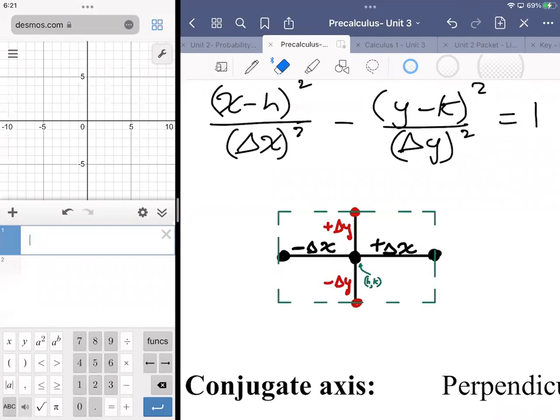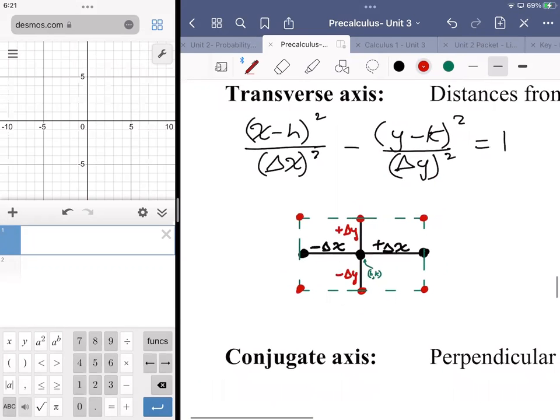Now the four corners of this figure become relevant in the sense that if you connect an extended line through those 3 points, the 3 points that make up each corner and the center of the rectangle, you get the asymptotes for the hyperbola.